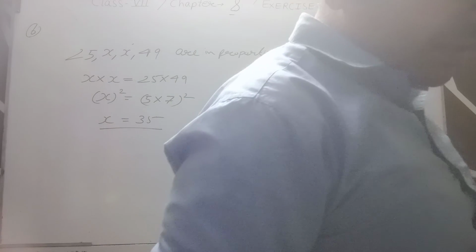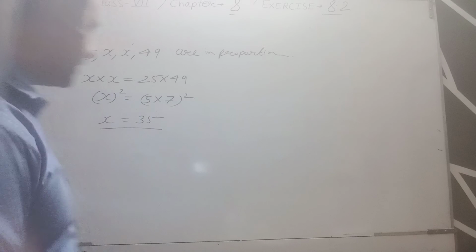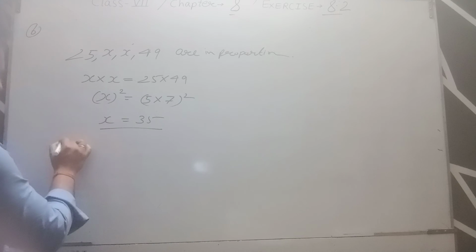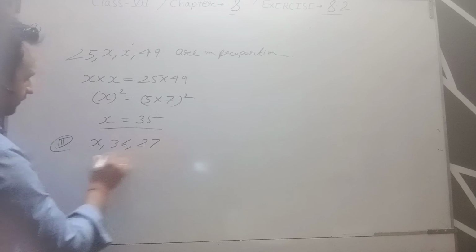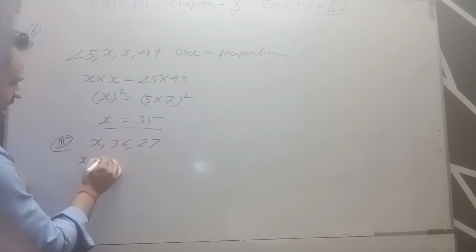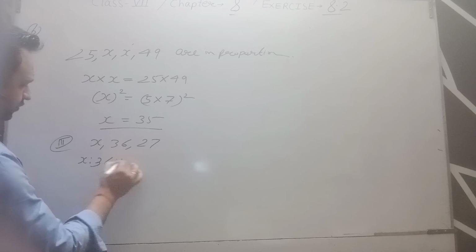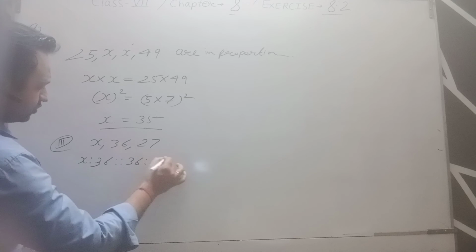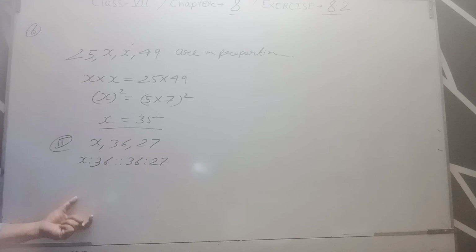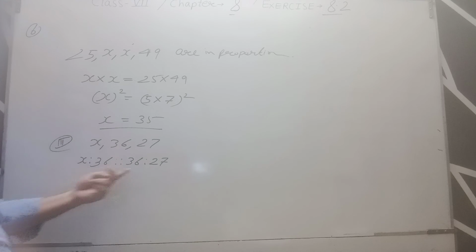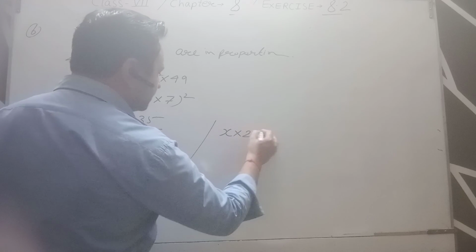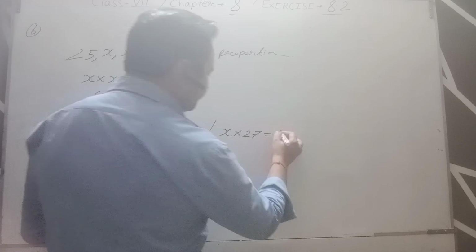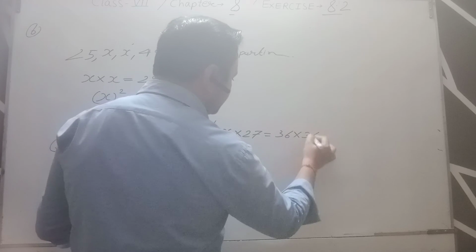And in the third part, they have given x, 36, 27. So firstly we note down x ratio 36 proportion 36 ratio 27. And we use the same concept: product of extremes equal to product of means. It means x multiply 27 is equal to 36 multiply 36.